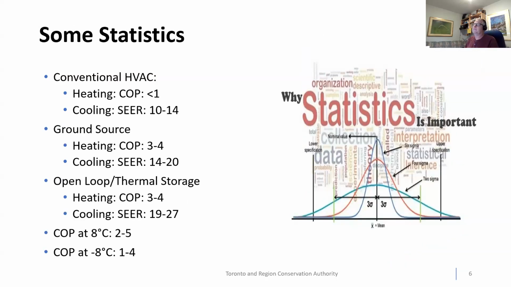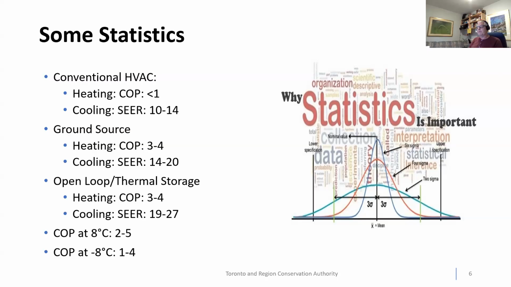I'll just quickly throw up some statistics. Your conventional HVAC, your COP is less than 1 and SEER of 10 to 14. Then look at the heat pumps, COP of 3 to 4 for ground source or open loop, SEERs of anywhere from 14 to 27.